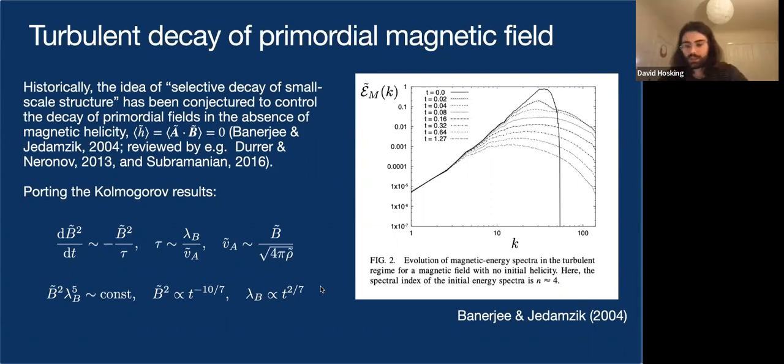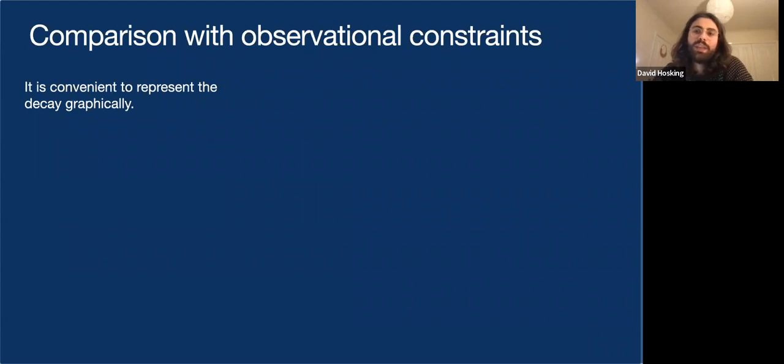So there's the prediction. Now, how does that compare with the observational constraints, the one that I mentioned at the start of the talk? So in order to answer that question, it's convenient to represent the decay graphically, as is often done.